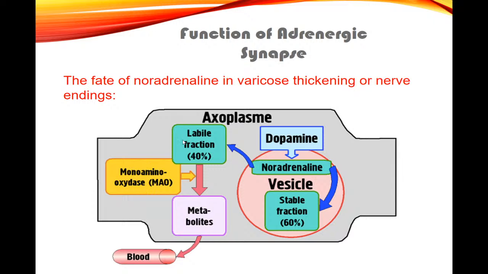That is why this fraction of noradrenaline is called the labile fraction, 40%. But excitation from the CNS causes release of noradrenaline from vesicles and after that from the nerve ending. And during this short period, several molecules can be metabolized.